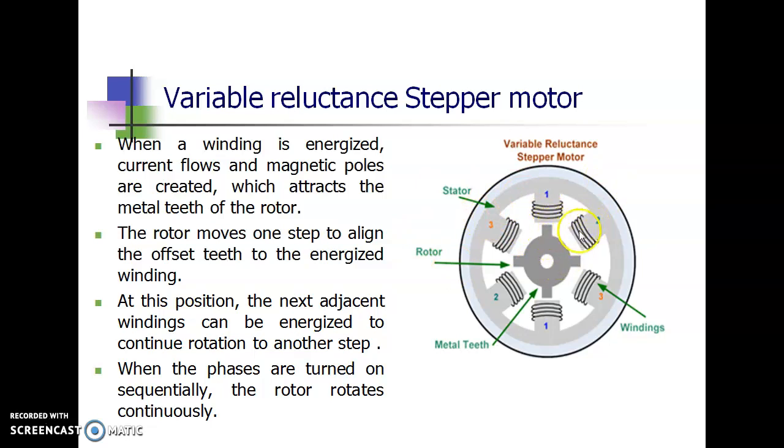Whenever a winding gets energized, the rotor aligns with it. When the phases are switched on continuously, the rotor rotates in a continuous way. For every pulse it moves one single step, providing a continuous movement.